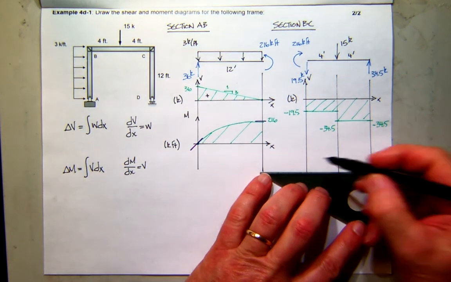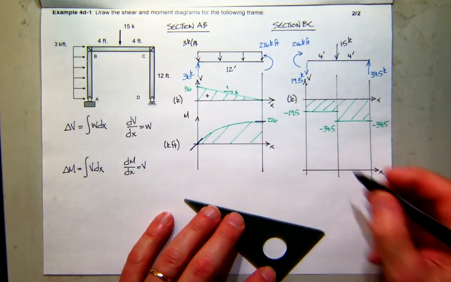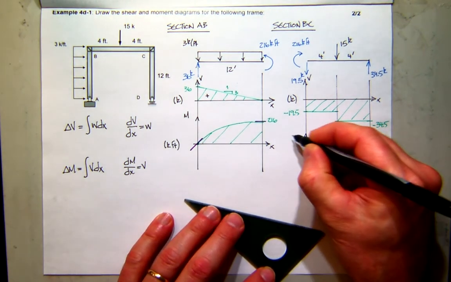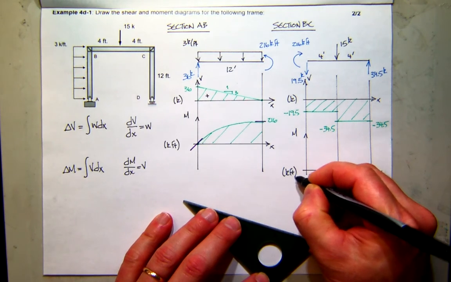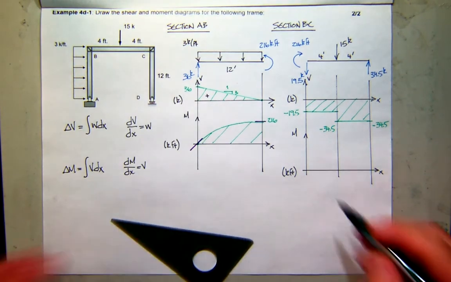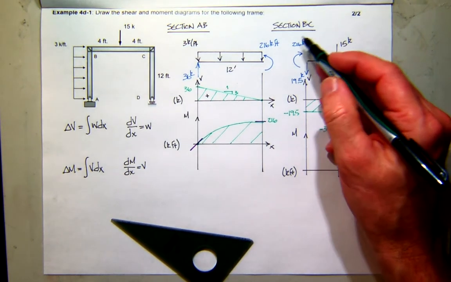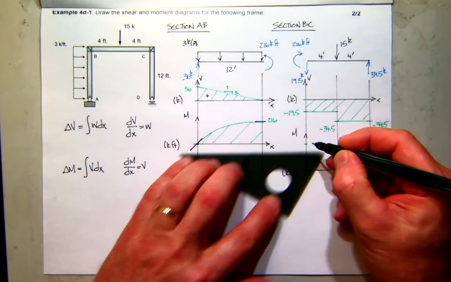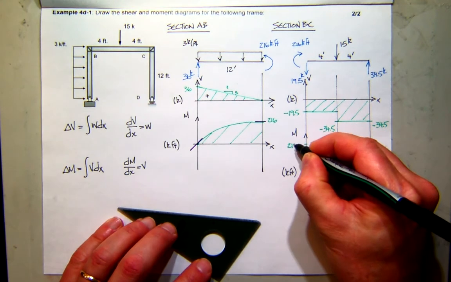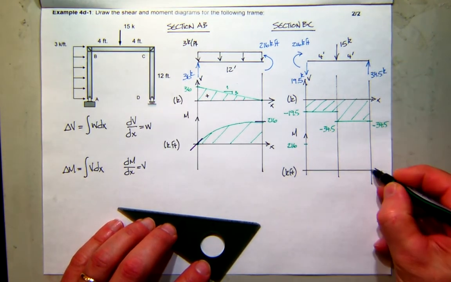Let's draw the moment. I'll assume positive value for x, and the moment, we'll make this in kip feet. What is the bending moment at A? Positive or negative? That's a positive bending moment, so it's going to start at 216. What's the bending moment at C? 0.